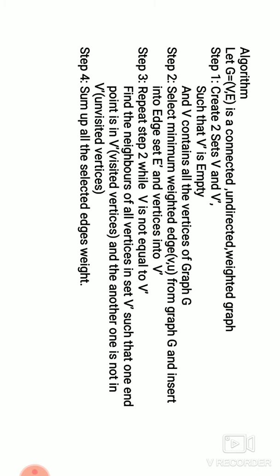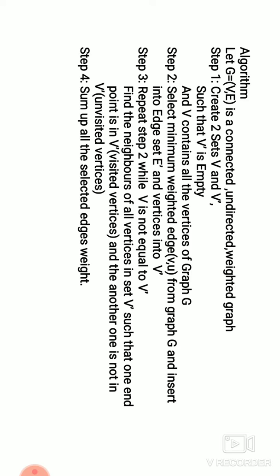So we find an edge which has minimum weight, and that edge we consider as (V, U). Now insert the minimum edge into the edge set E dash of the spanning tree T, and the vertex that is newly found using the edge is added again into V dash.